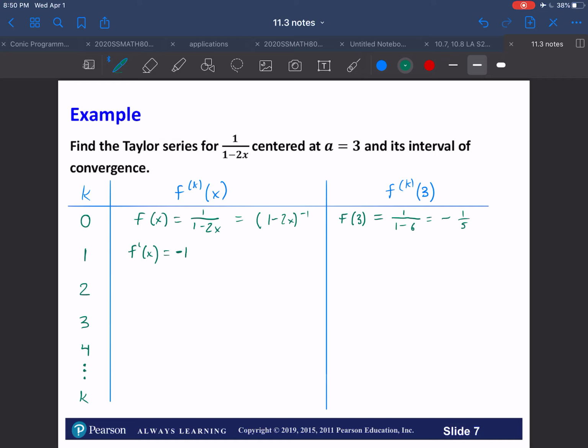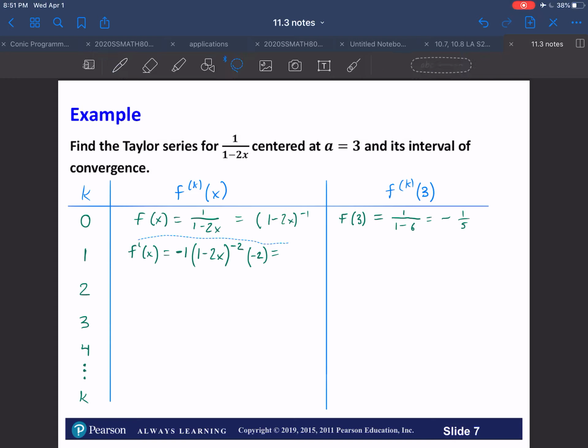So we have negative 1 times 1 minus 2x to the negative 2 power times the derivative of the inside, which is negative 2. And this can be simplified. We can rewrite this as 2.